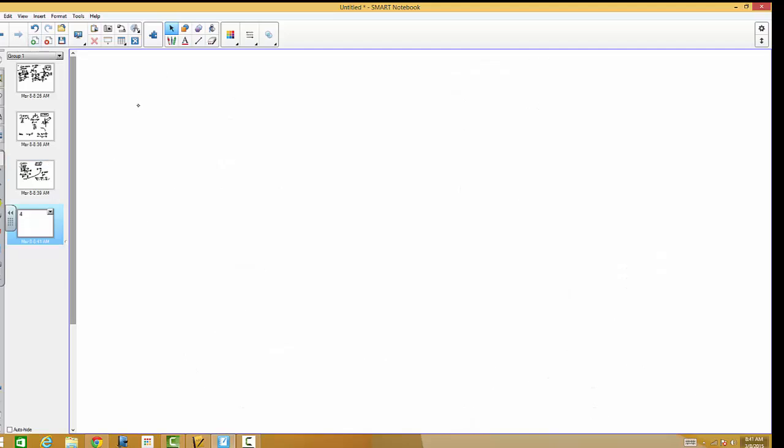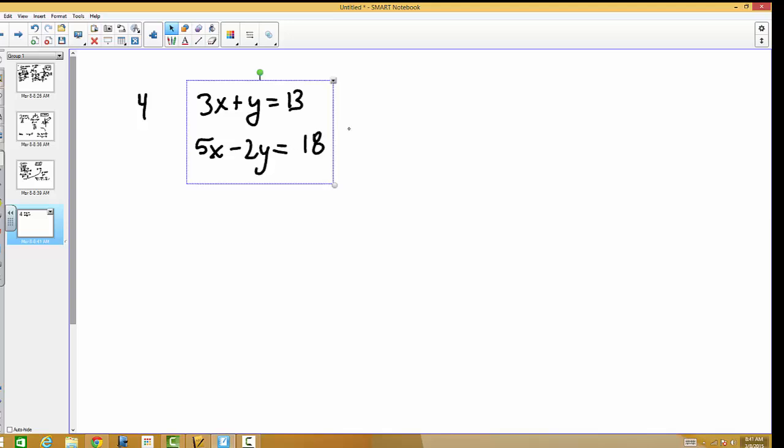The second substitution problem that you had was 3x plus y equals 13, and 5x minus 2y equals 18. I already did the first step for you on the quiz, which was to isolate the y. And you do that by subtracting the 3x.